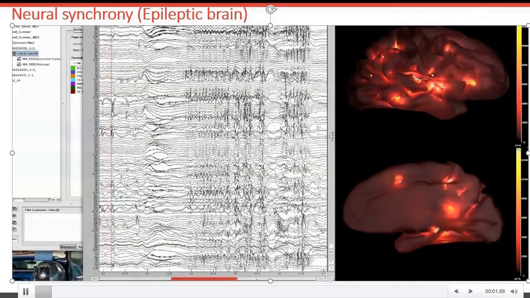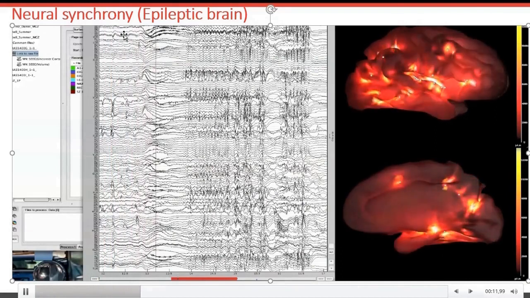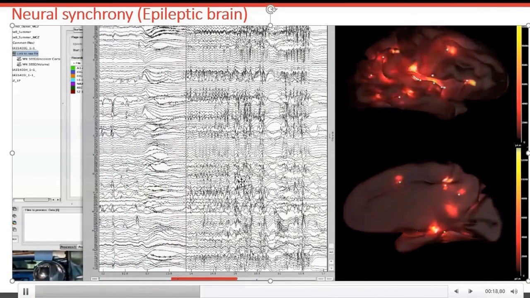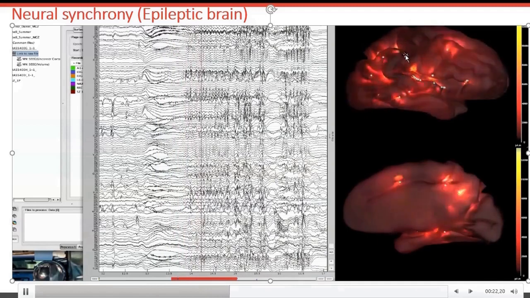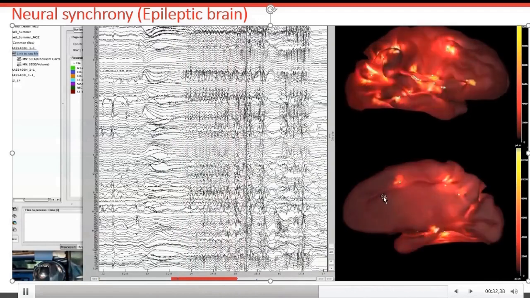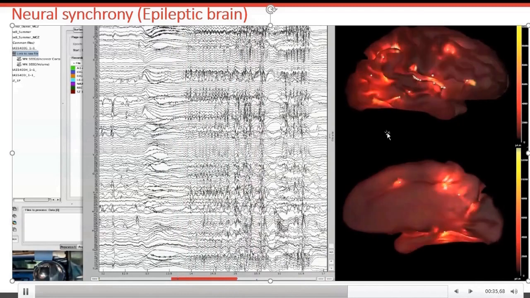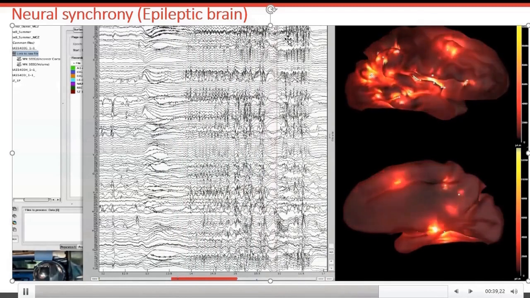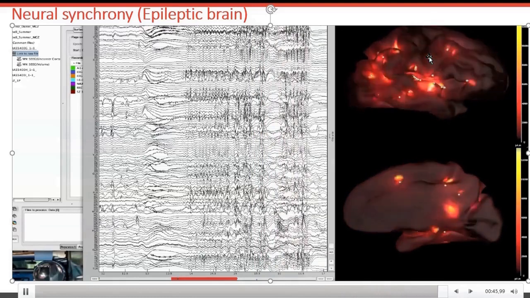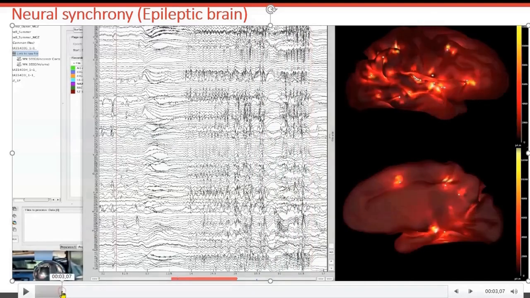In this animation, we see how the recorded brain signals can be related to brain activation. These are a set of time series brain data acquired using electrocorticography, which can be related to brain activation. Here you see the brain flashing, one half of the brain, the right side, one hemisphere, and the left side of the brain. As the amplitudes and frequencies increase, we see widespread flashing, or increased activity in the brain.